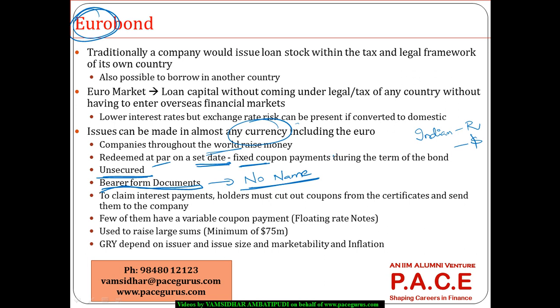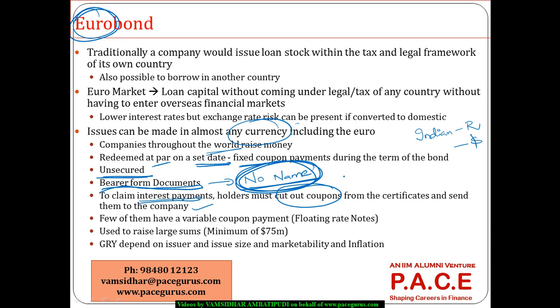The same thing happens with a Eurobond. So whosoever really wants to get the interest payment, the coupon is cut from that certificate and it is sent to the company. There is no name or account holder specifically written for those kind of securities. Whosoever has the document, he is the owner.